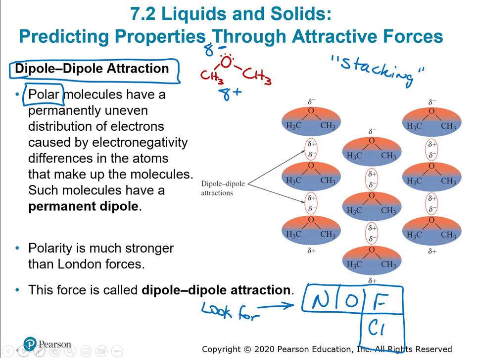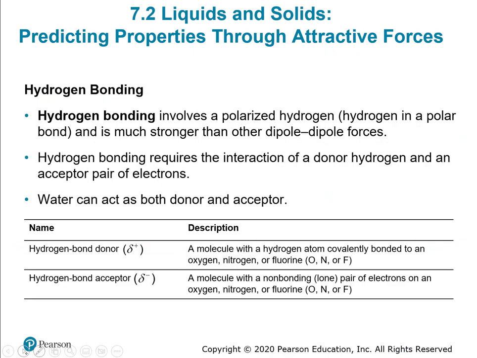The third one has a name that says bonding, because this is a polar molecule that creates a much stronger attraction because of the ability to almost share hydrogens. So they call it hydrogen bonding.